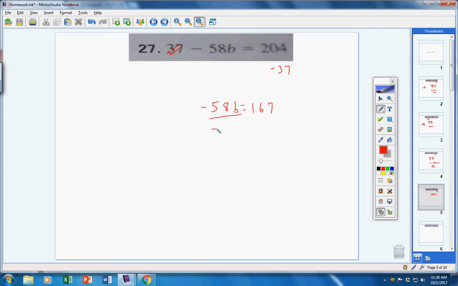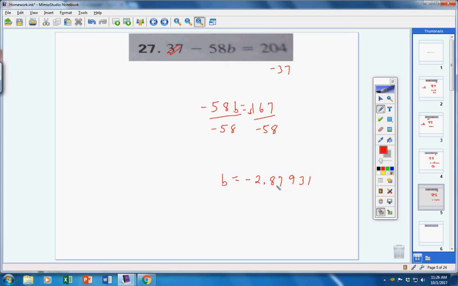Let's divide both sides by negative 58. And let's type that into our calculators. 167 divided by negative 58. A positive divided by a negative is negative, and we get 2.87931, and it goes on and on.